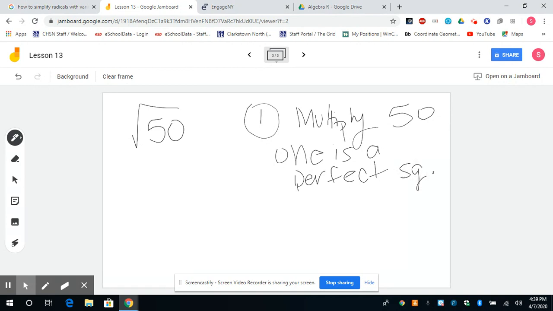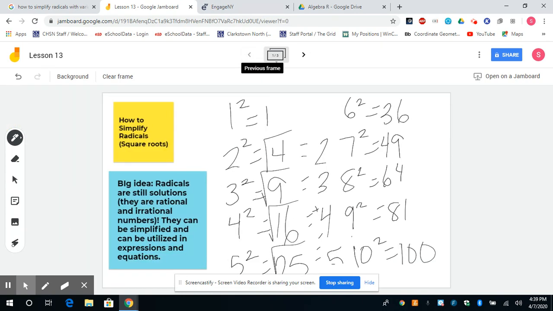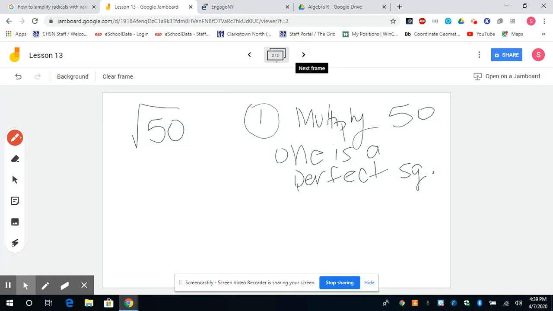So you have to think to yourself, out of this list, these are our perfect squares. Which one of these goes into 50?